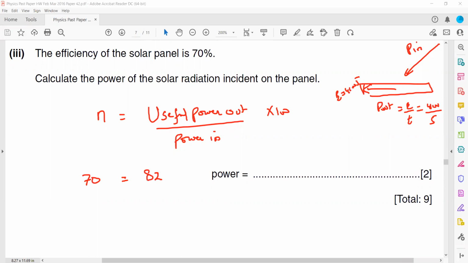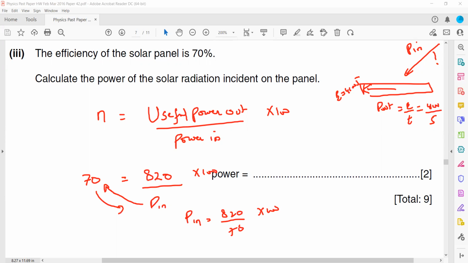The power output is 820, and the input we are finding, how much is coming from the sun, times 100. When we simplify, power input is 820 divided by 70 times 100, so 820 multiplied by 100 divided by 70.